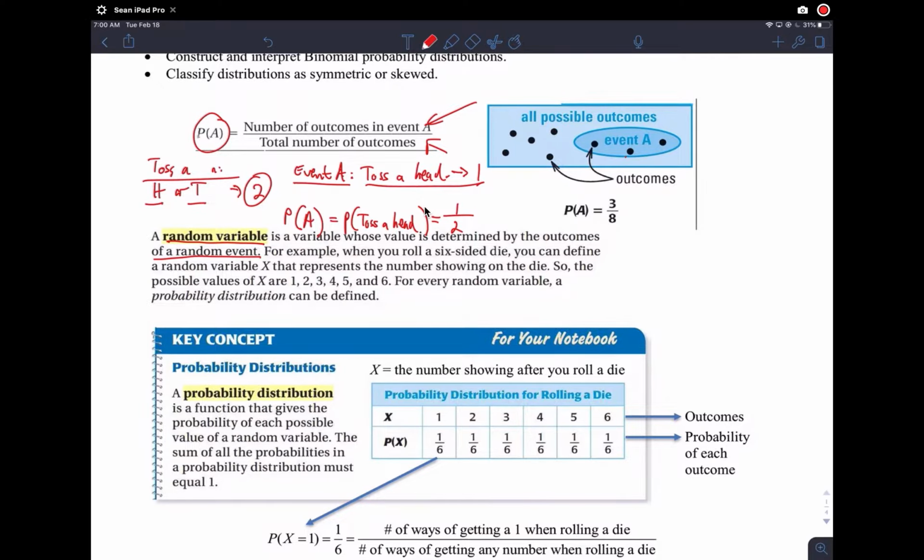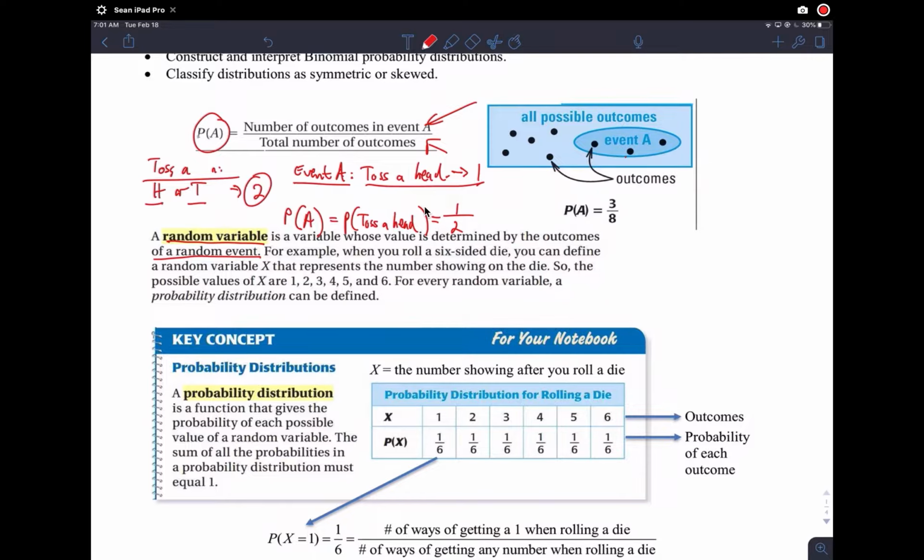Those are the values that can happen; the outcomes from my random variable could be a head or a tail. It's a random variable because I'm tossing a coin, and we consider the process of tossing a coin random. In other words, it's equally likely that I get a head or a tail.